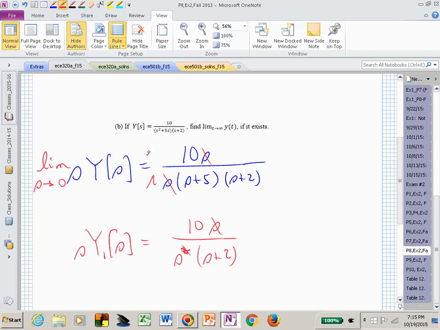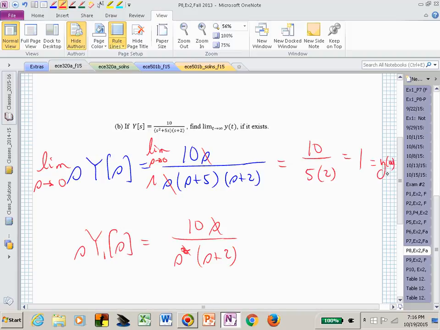And now in here I have the limit as s goes to 0. I have 10 upstairs. I have a 5 and a 2 downstairs. I'm going to 1. This is now y of infinity. Questions on that?